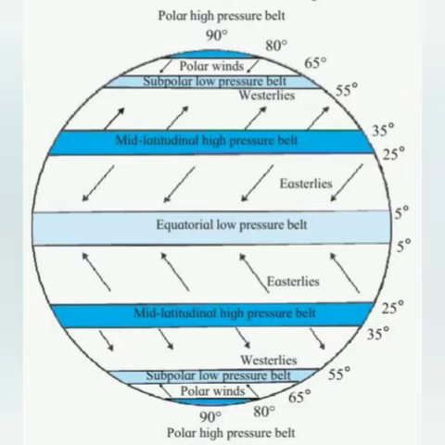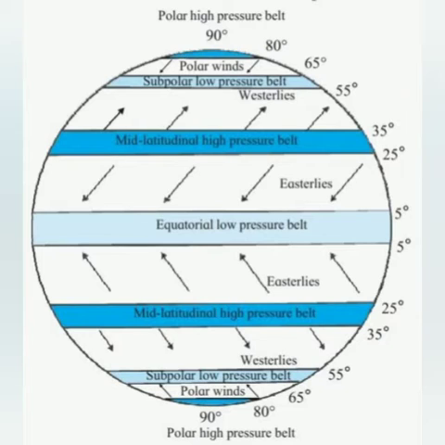Why do we call this the polar high pressure belt? Because children, from 0 to 90-degree north side and also 0 to 90-degree south side, the temperature ranges from high to low.